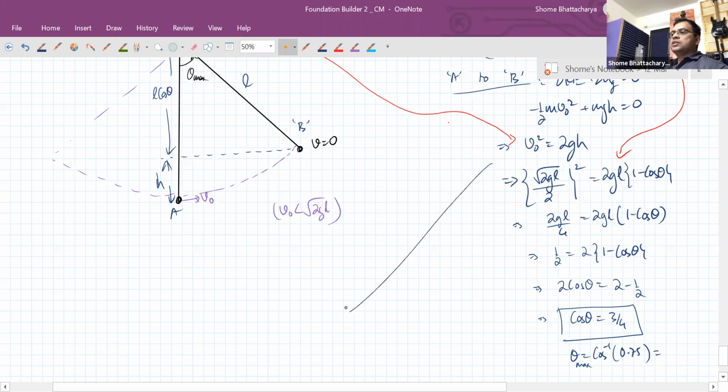You could have also substituted this way, that 2 meters per second whole square is equal to 2 into 10 into 0.8 into 1 minus cos theta. This would have given us the same thing.